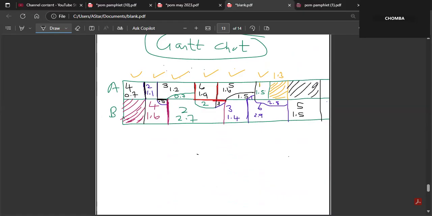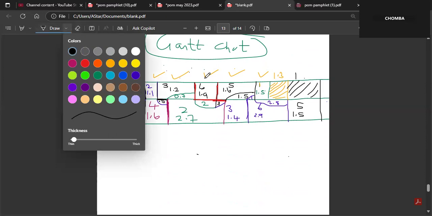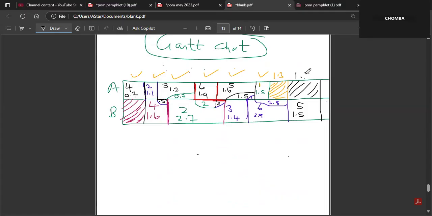These people are still idle. So if 1.5 is an idle time, then 1.5 here. So these people are still idle here.